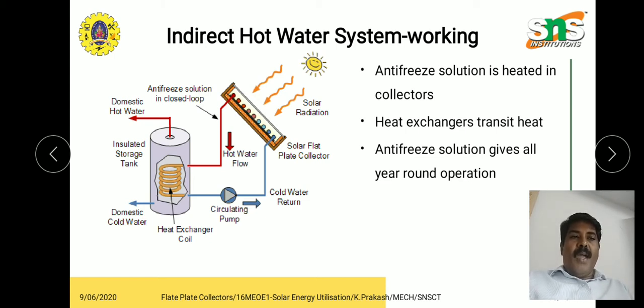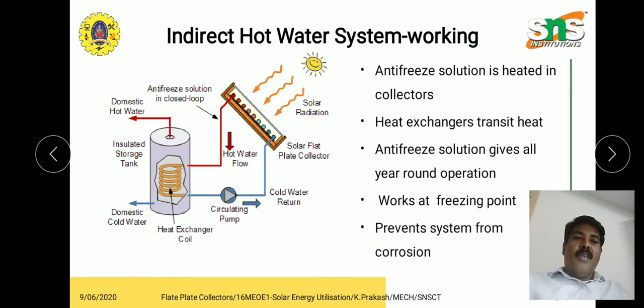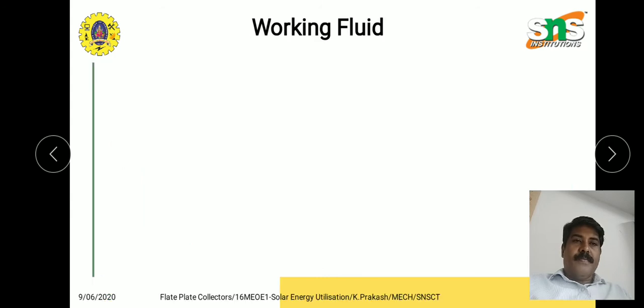This is the main advantage of indirect hot water systems. Even at freezing points the system works, and it also prevents corrosion. This is the main advantage and working of the indirect water heating systems.